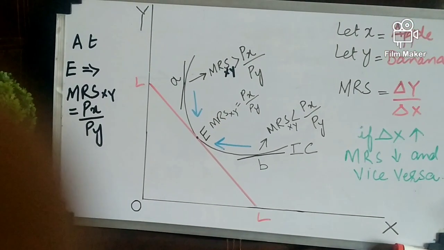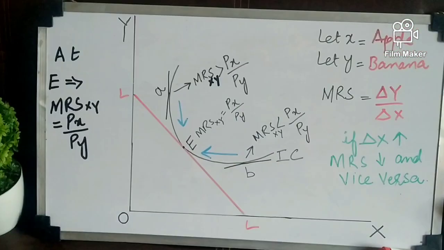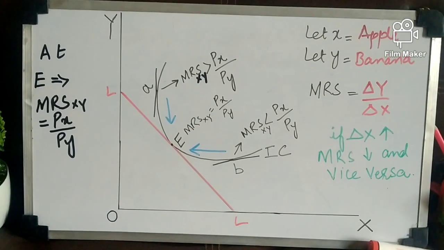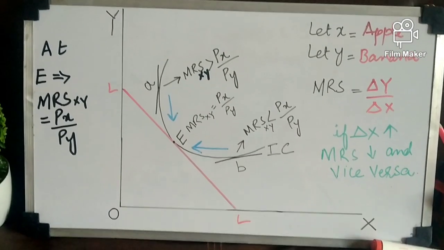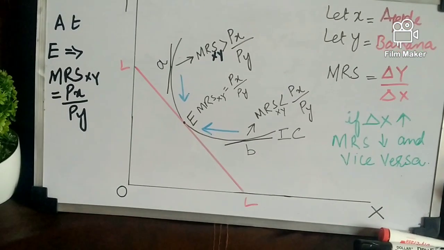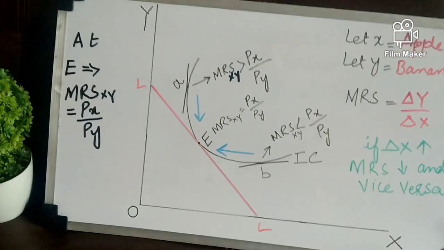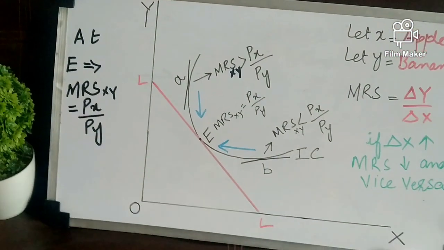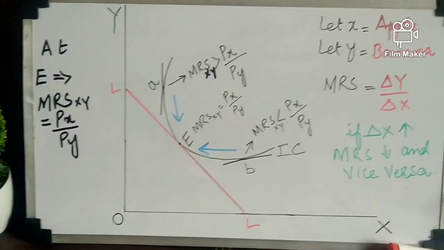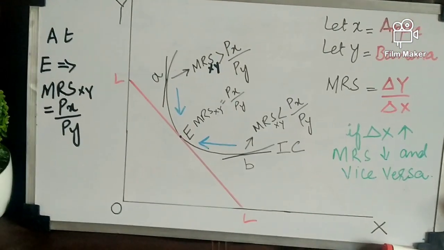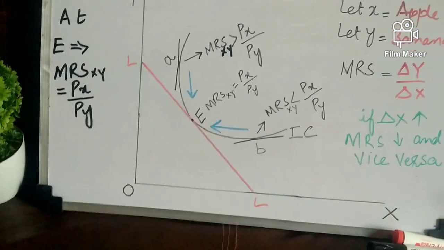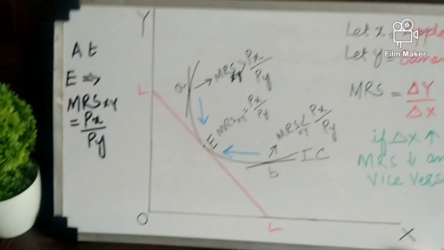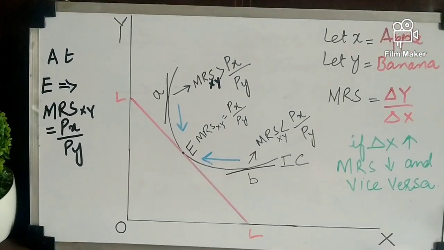When the marginal rate of substitution is greater than price of x over price of y, the consumer is willing to sacrifice more units of bananas to get one unit of apple than is required in the market. So it will induce the consumer to purchase more of x and less of y.